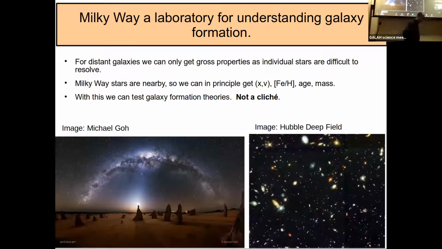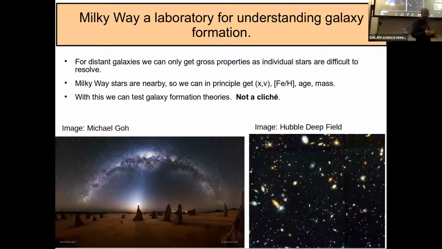Okay. And Melissa has provided a lot of nice introduction to my talk, but some things will be repeated. Why are we studying the Milky Way? Just reminding ourselves, for distant galaxies, like you see in the Hubble Deep Field, you cannot resolve individual stars, you can only get gross properties. It's only for the Milky Way that you can resolve individual stars and get positions, velocities, age, mass, and so on.